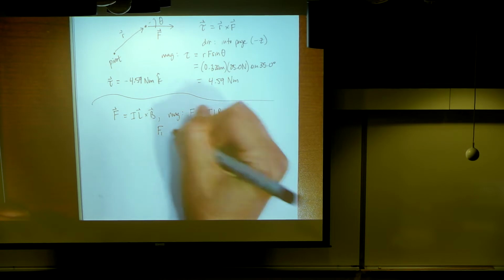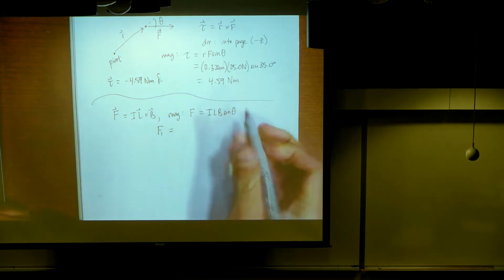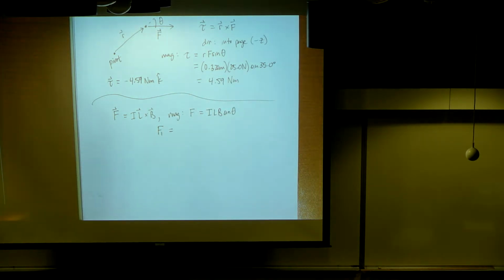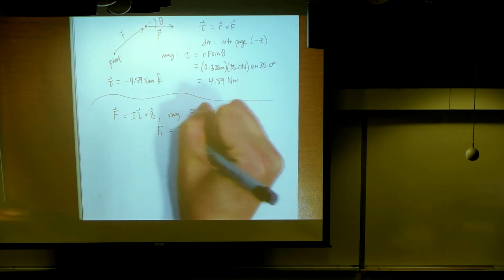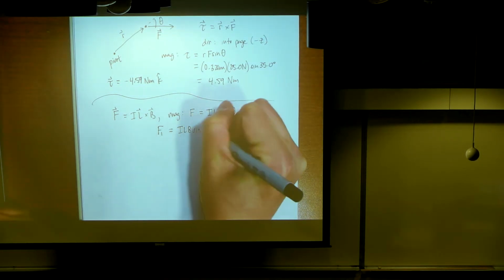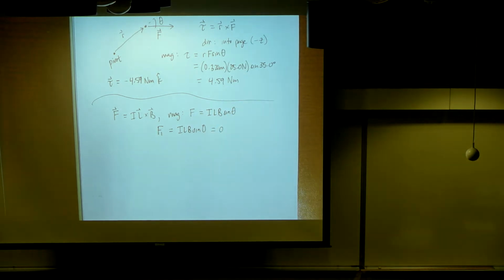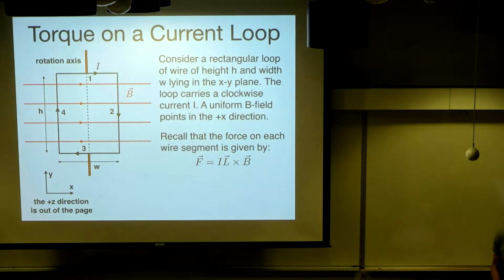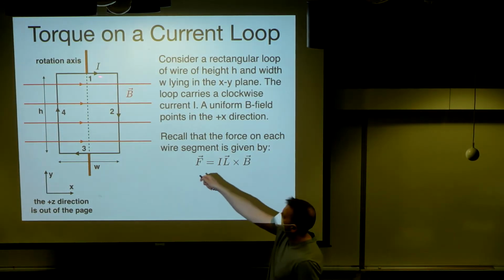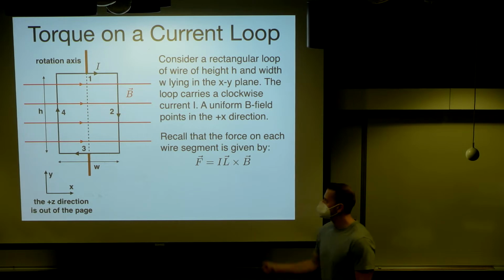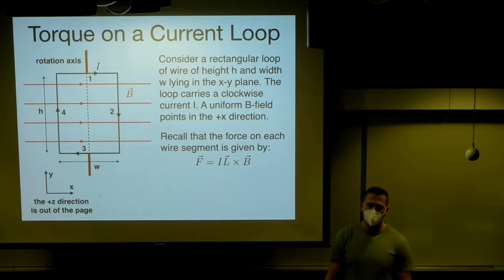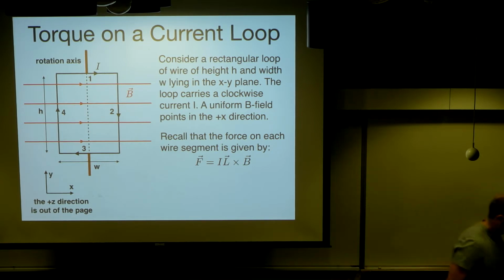What was the angle between the current and the B field? It's 0. It was a 0 degree angle, right? It's just ILB sine 0, which of course is going to give us 0. All right? That is to say, if we go back to the picture, since the current and the B field are going in the same exact direction, if you take the cross product, you get 0, okay? That's how cross products work. All right, so that's our first result.